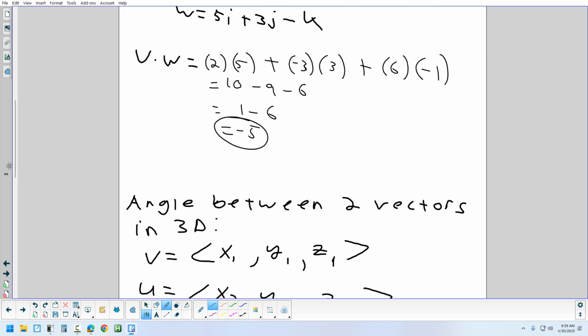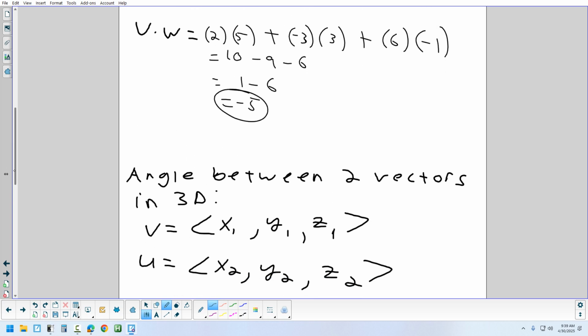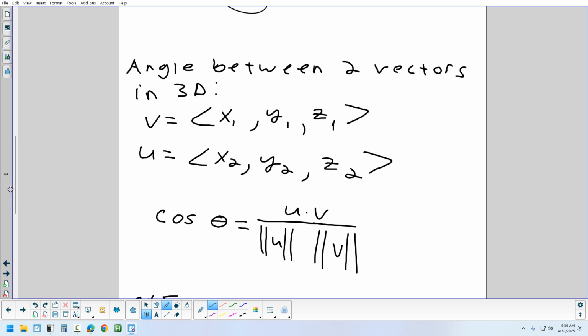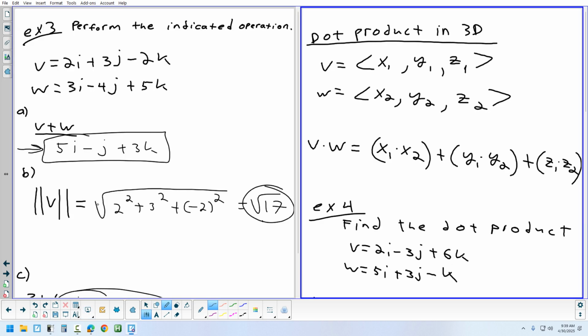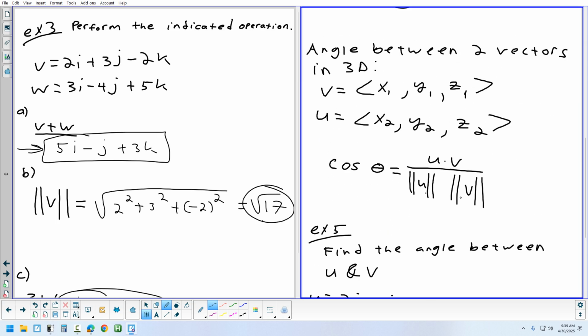So to find the angle between two vectors in 3D, they're going to give you vectors just like that. And what was the trig function that we used when we were finding the angle? We used cosine. Well, the formula for finding the angle in 3D is exactly the same as 2D. There's no change to it. And the reason there's no change is because we've already changed each of the individual parts of the formula.